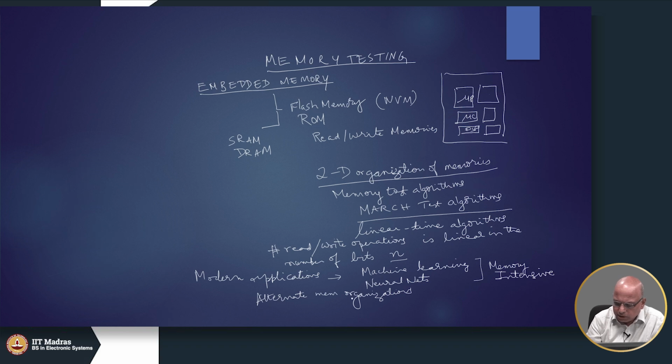So, nowadays some companies are bringing out 3D memories. So, in these memories, as you can guess, the cells are organized in 3 dimensions. So, they may be made in 2D and then stacked.